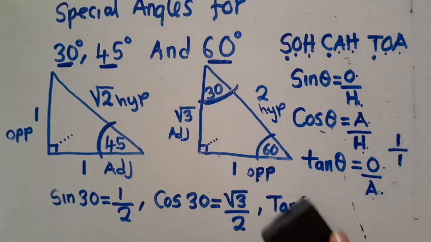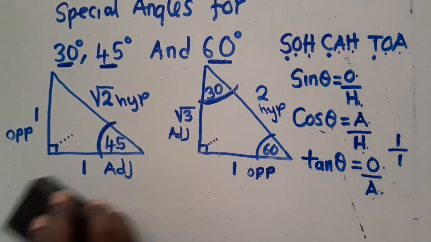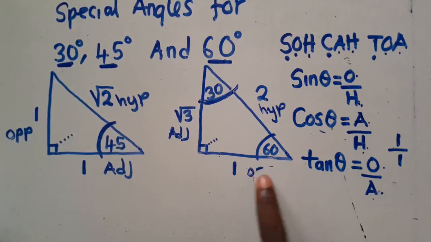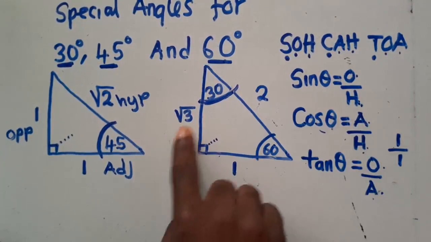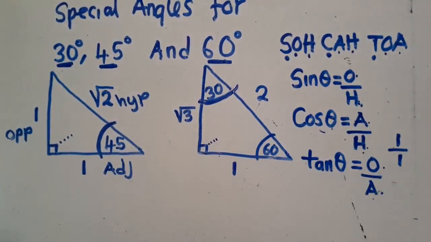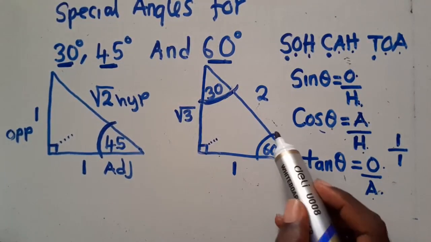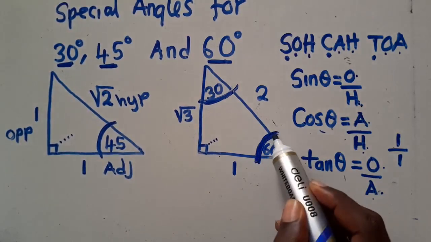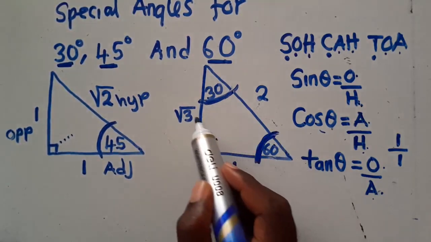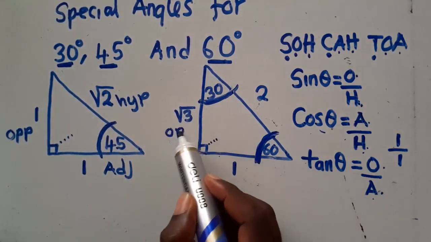I move to the angle 60. I am going to label these because they won't work for the 60. So I'm now talking about the 60 there. This is the 60. It is facing this direction. This is where the opposite is.